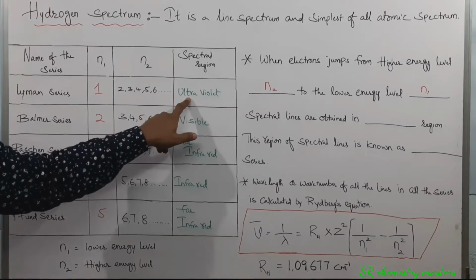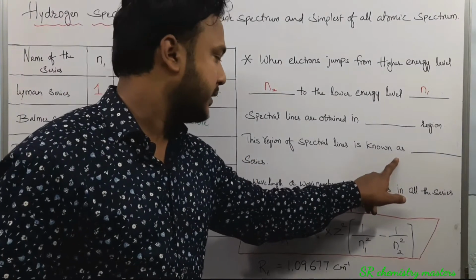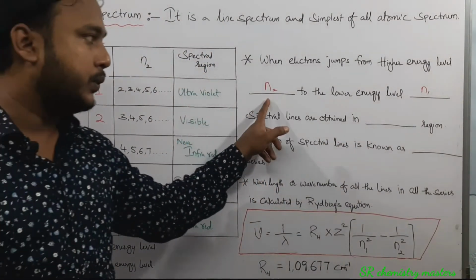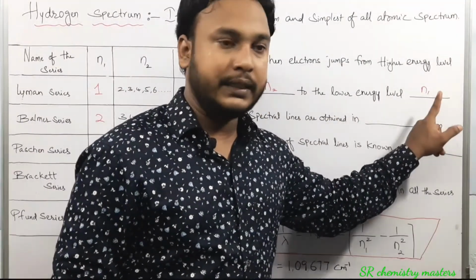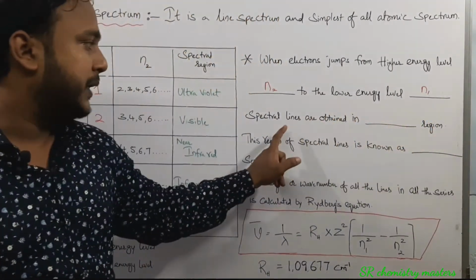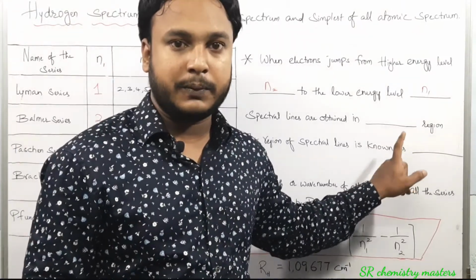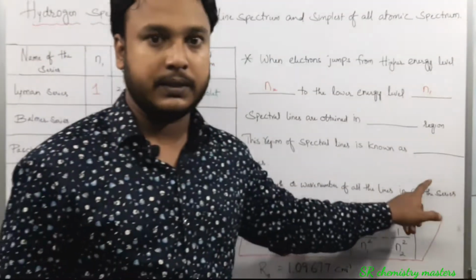Here for the Lyman series, it is ultraviolet. This region of spectral lines is known as the Lyman series because N2 is 2, 3, 4, 5, 6, N1 will be 1, and if N1 is 1, the spectral lines are obtained in the ultraviolet region. If the spectral lines are obtained in the ultraviolet region, the series is considered as the Lyman series.